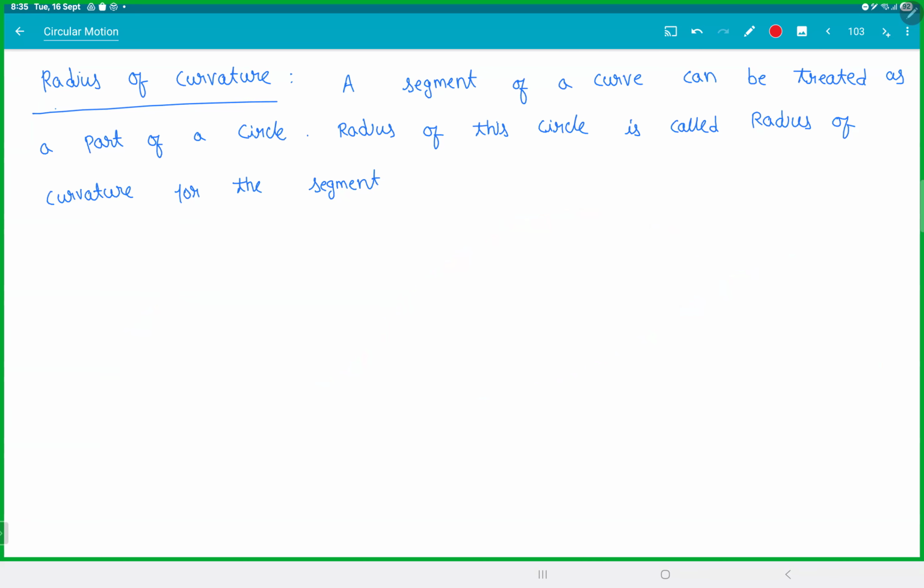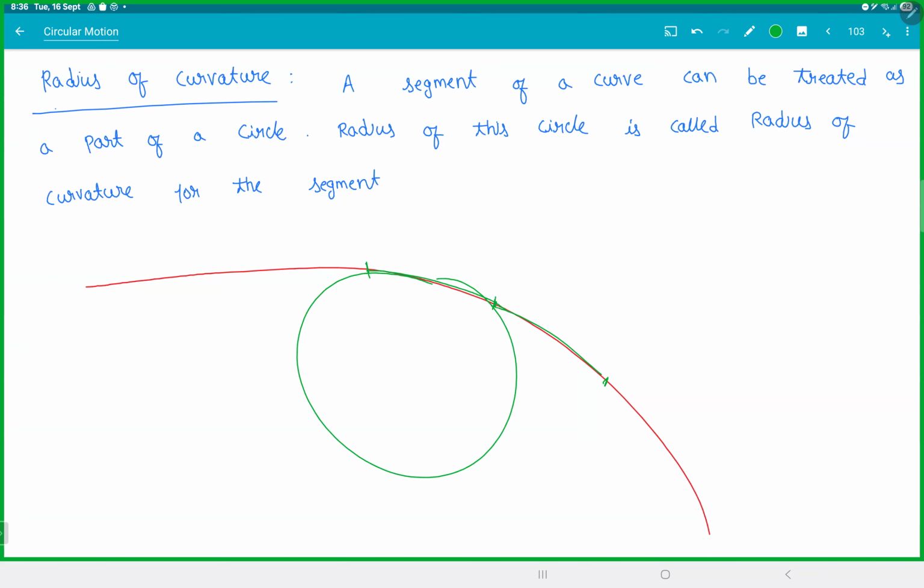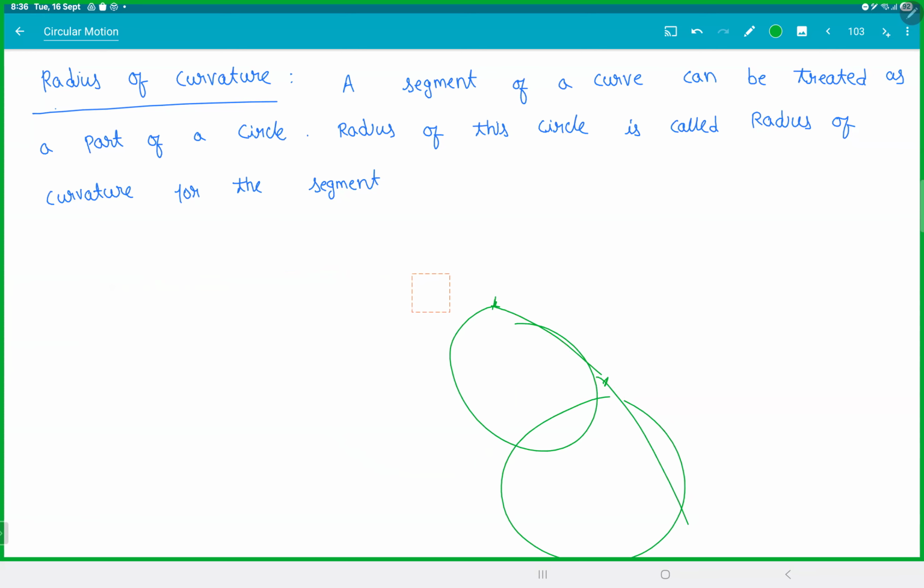This is something they do in the metro also. Whenever the metro is taking a turn like this, this segment will have a particular circle, this will be a different circle, and this might be a different circle. So each section has a different radius of curvature, and when you combine them, you get the curve you want.